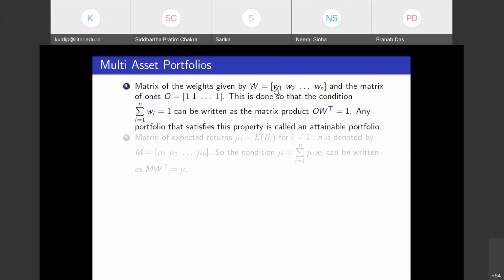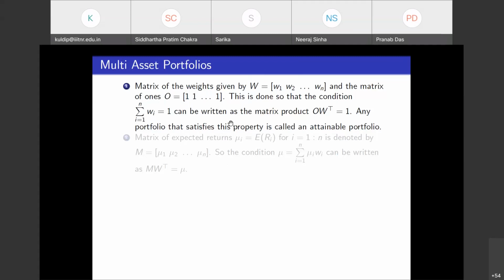So those weights are going to be W1, W2 all the way to Wn. We write this in vector form as a row vector and call this the weight vector or weight matrix W. Then we take a vector of ones, where all entries are one, with the number of such ones being n, and we define this vector to be O.